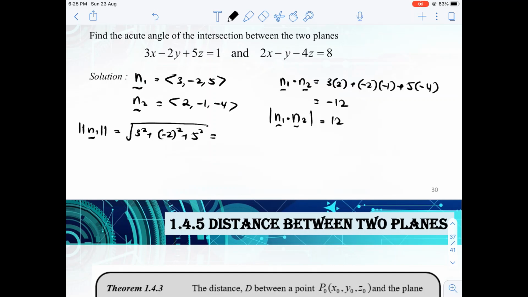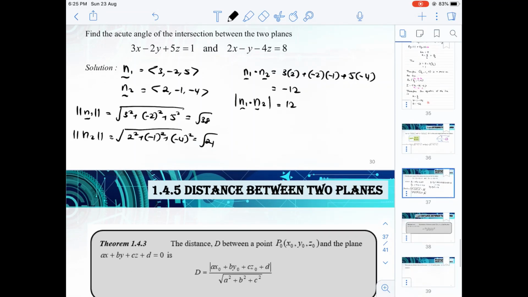So this equals 9 plus 4, 13, 13 plus 25, we get square root of 38. And then the magnitude of n2 is square root of 2 squared plus -1 squared plus -4 squared. We will get square root of 21.